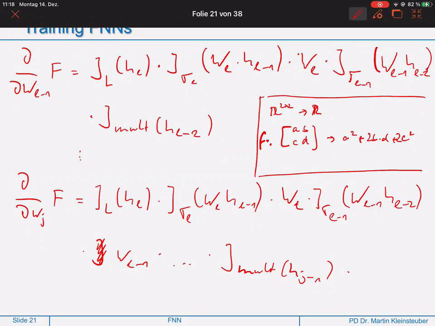This function depends on A, B, C, D. And if I pass it a parameter x and say that f_x is a map from A, B, C, D to x A squared plus x squared B plus C squared, I don't know, then x is a parameter of the function.